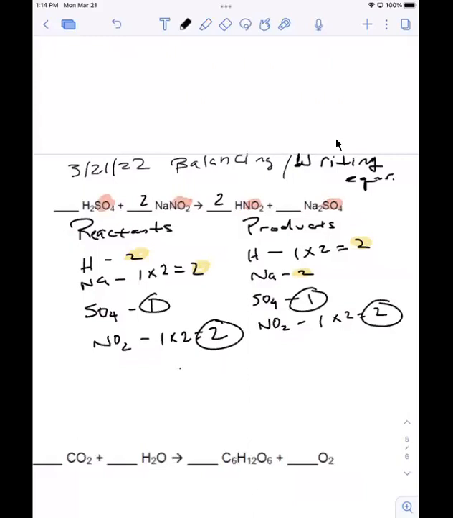So that is now balanced. So the coefficient of 2 in front of sodium nitrite balances that, and the coefficient of 2 in front of the nitrous acid on the other side balances that. All right. Any questions about that example?